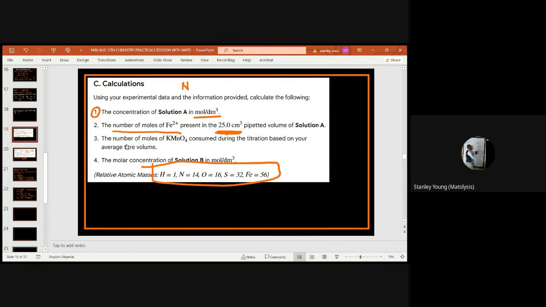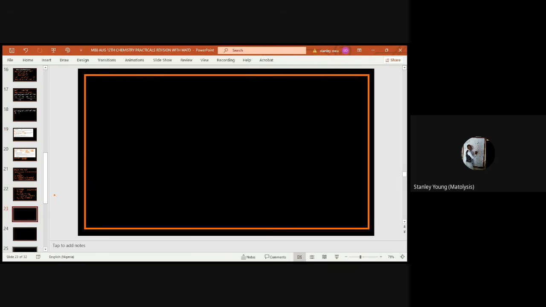This says, that's number 3, we should find the number of moles of KMnO4 consumed during the titration based on your average titer value. So number 3, what's our average titer value? We got that as 12.53.